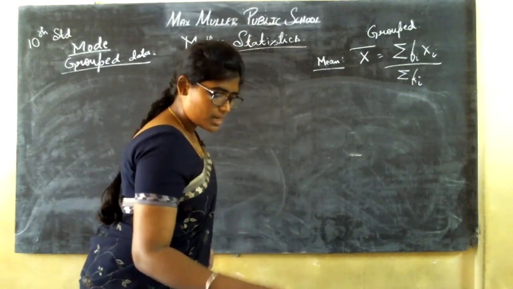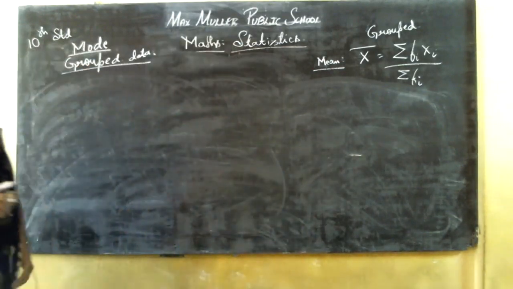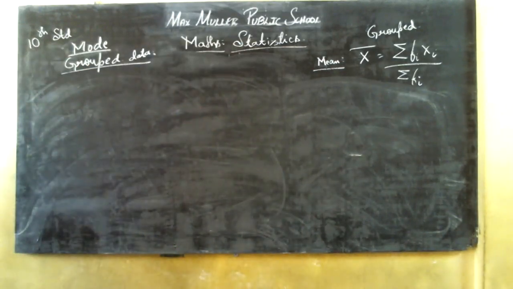For grouped data, what is the identification? What are you going to see, whether it is a grouped data or an ungrouped data? The class interval should be there. If the class interval is there, then it is grouped data. If the class interval is not there, it is an ungrouped data.